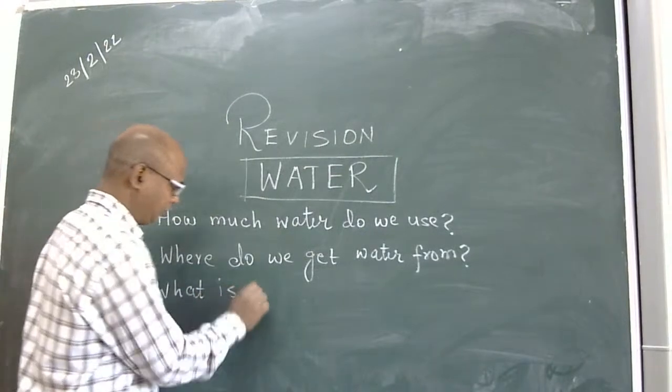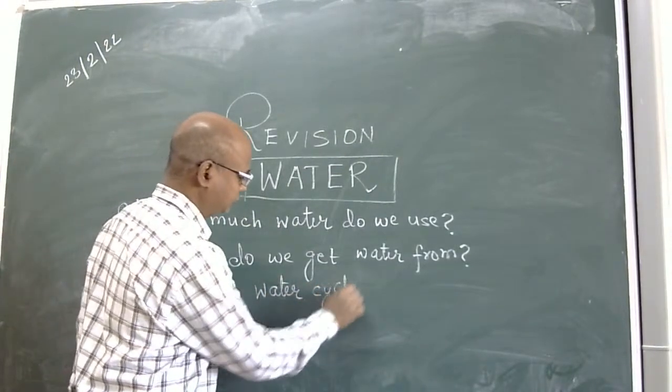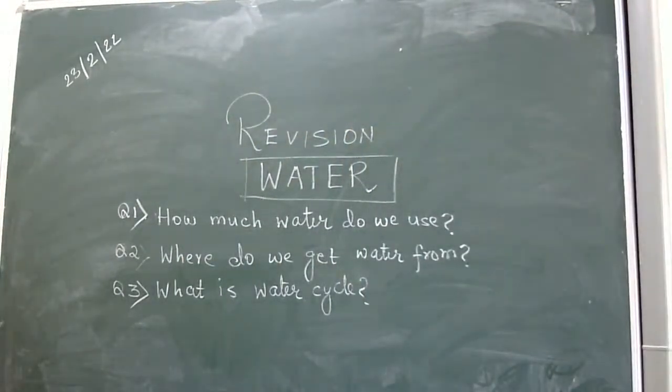What is water cycle? Now you know that water in the different sources gets heated by the heat of the sun. This water gets evaporated, that is, it converts into water vapor.